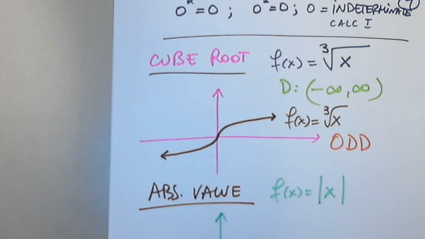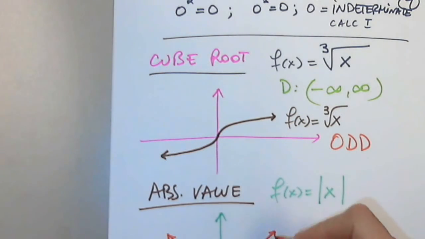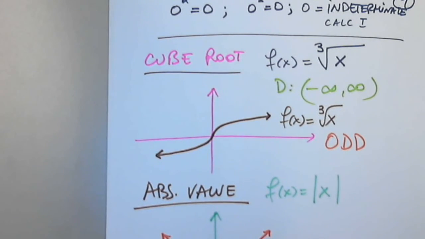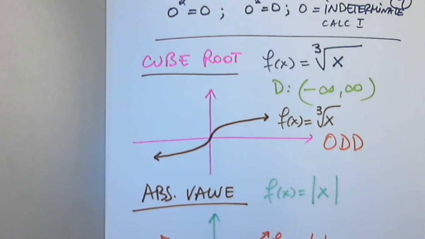No problem there whatsoever. And what type of function is that? How did we call it? Symmetric. Yes, it's a V function. So f of x equals the absolute value of x, and the function is even. It's symmetric with respect to the y-axis.